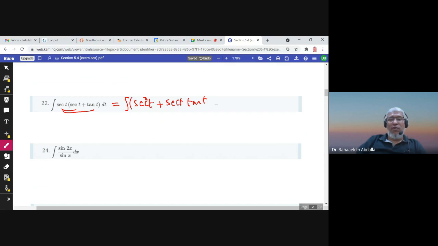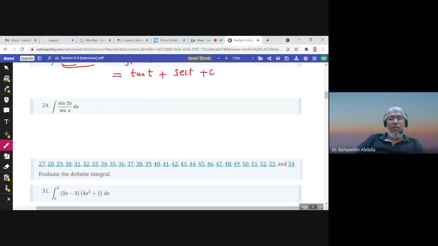Do we have formulas for the integral of secant square? Yes. Integral of secant square is tan t, because the derivative of tan is secant square. And integral of secant tan is secant t, because the derivative of secant is secant tan, plus c. So that's the answer.